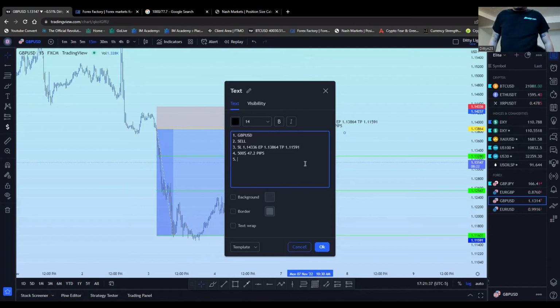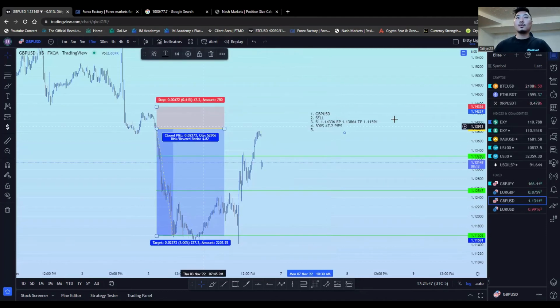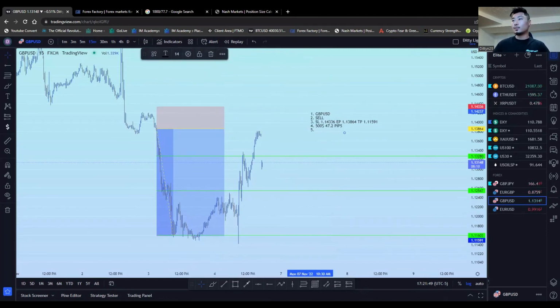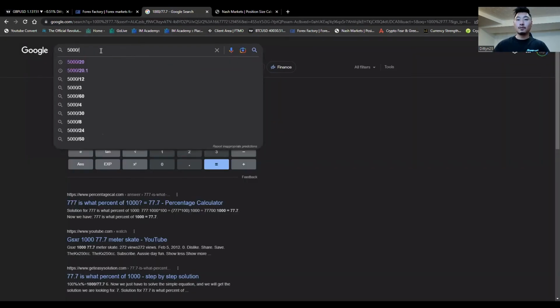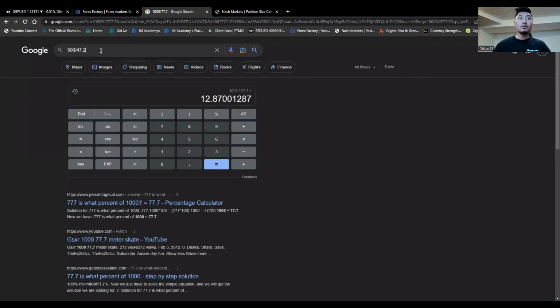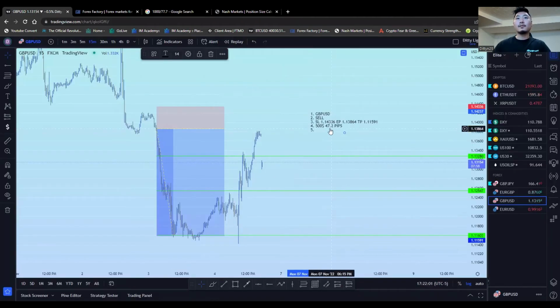And 5. The final step is the lot size, right? So how do you find the lot size? What you can do is use the formula, and let's do it together. 500 divided by 47.2, is that correct?